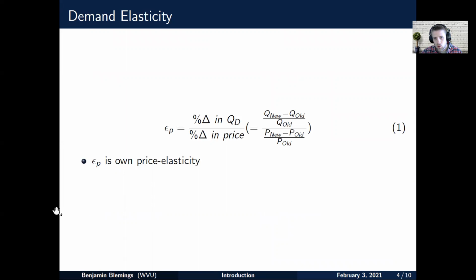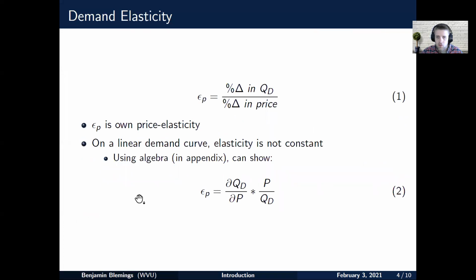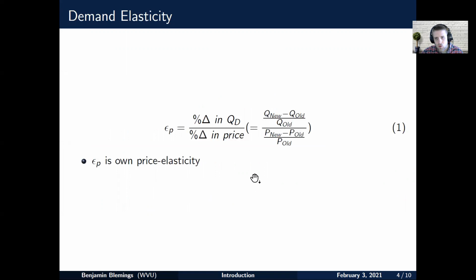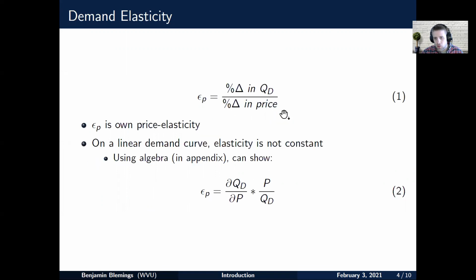Broken down, this formula looks like this. On a linear demand curve, if you do some algebra, you can get this to look instead like these two terms. On a linear demand curve, elasticity is not constant. I'm going to talk about this more, and I showed the algebra in the appendix where you can go from this to this.